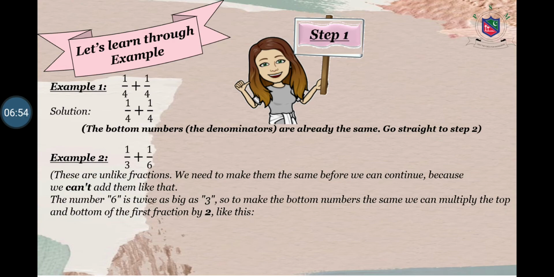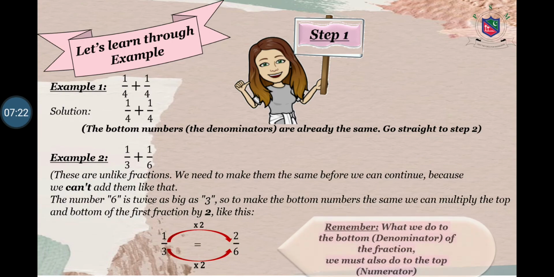When we multiply 3 by 2, we get 6. So 1 times 2 will be 2 and 3 times 2 will be 6. My dear students, always remember that whatever you do with the denominator, you have to do the same thing with the numerator.